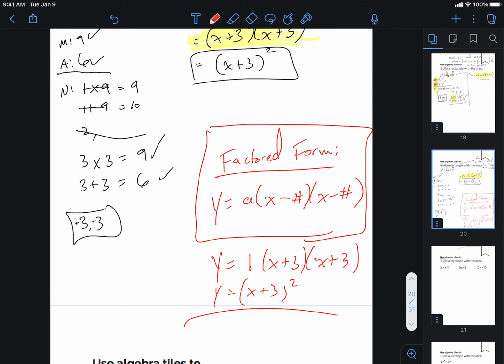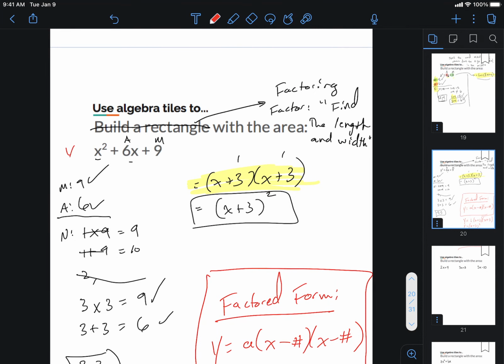Okay, this is factored form. Which we're going to use for something, but you guys have to know how to take something. You remember, this was standard form, where y equals ax squared plus bx plus c. a, b, and c were just numbers. 1, 6, 9. Okay?